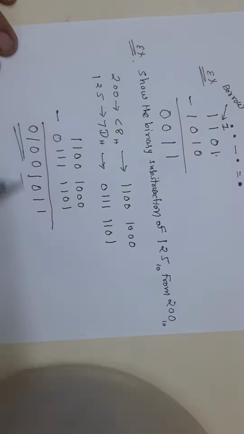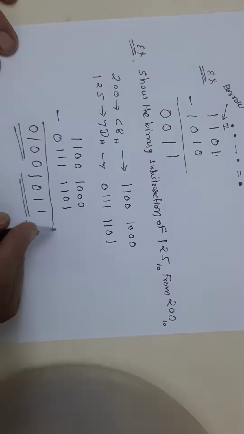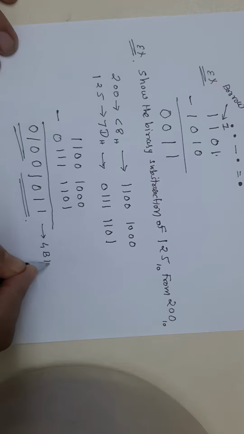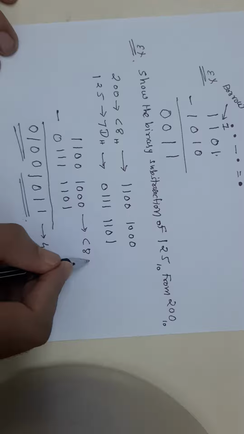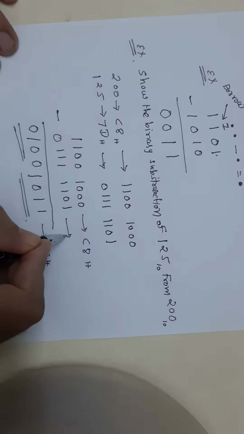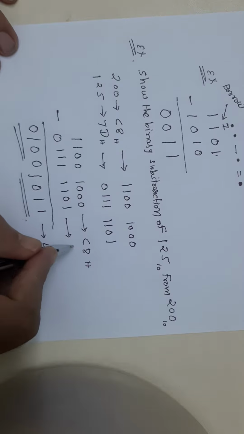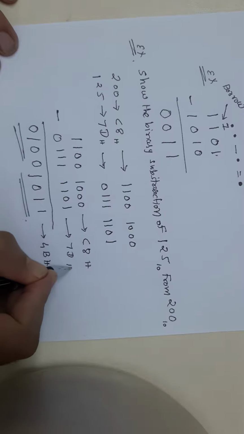This is your 4, this is your B, and this is equal to 4BH hexadecimal. This is equal to C8 hexadecimal, this is equal to 7D hexadecimal.